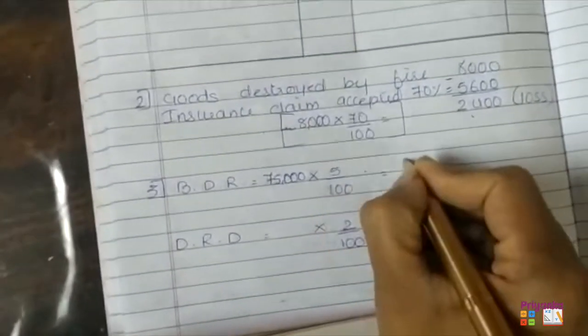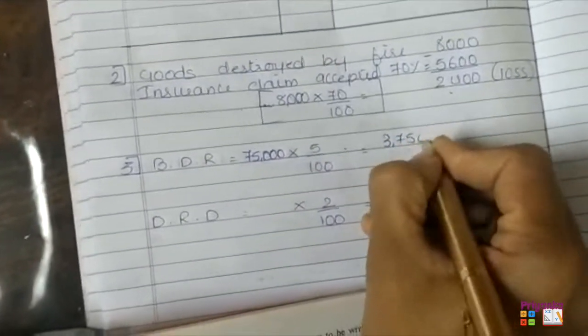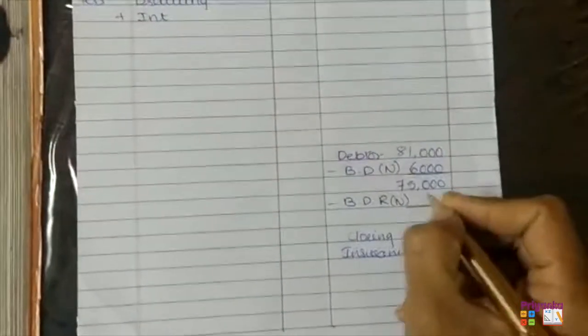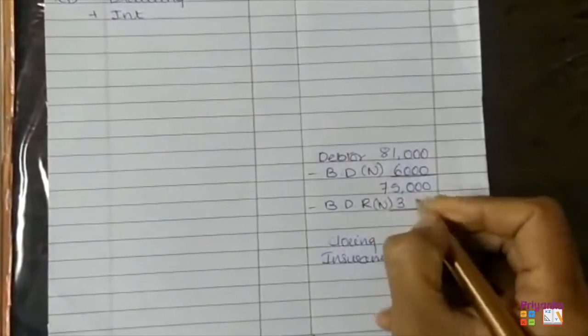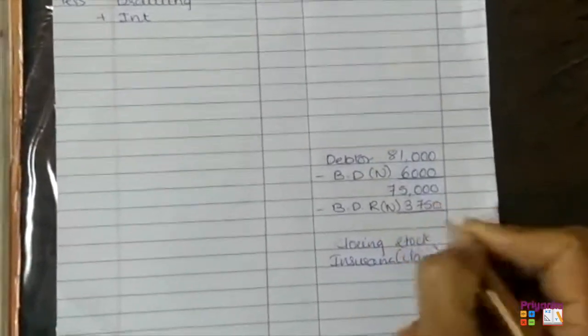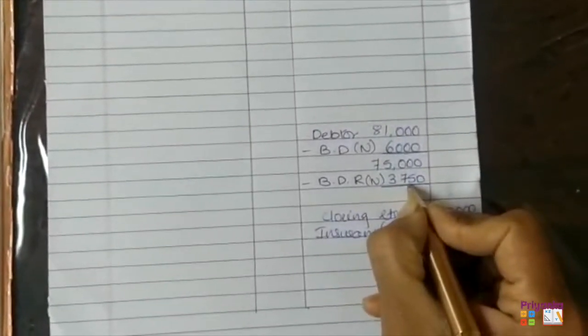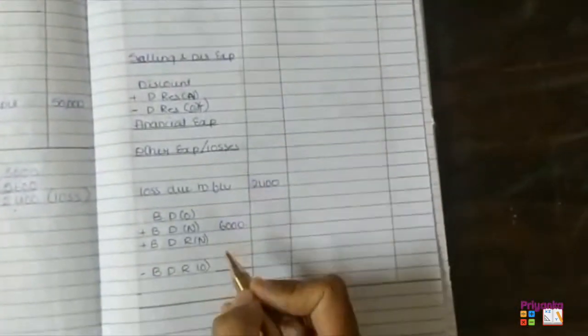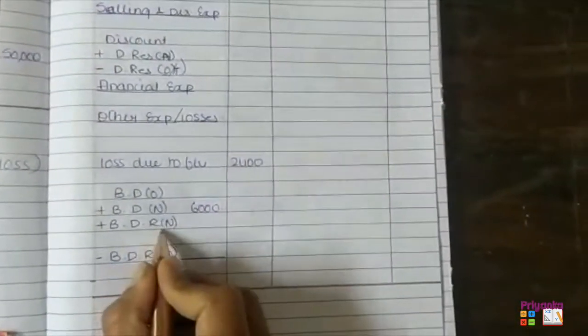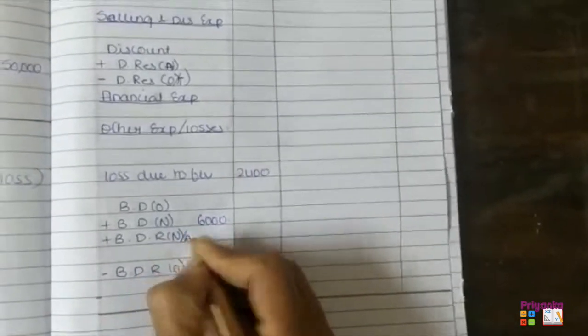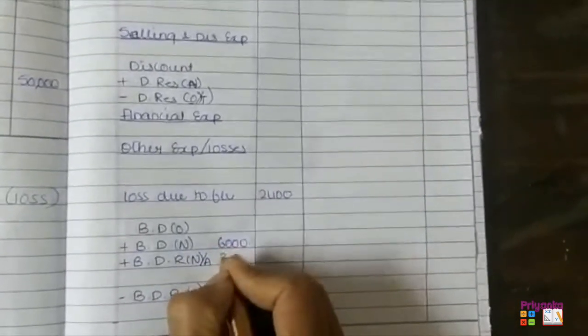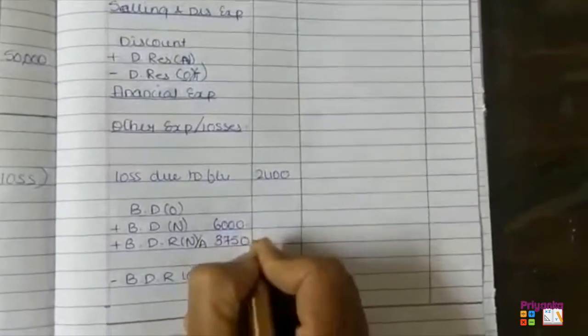Here we find 3,750. Now take this value to the balance sheet asset side and minus 3,750. Before we minus, we have to give the second entry for this on the profit and loss debit side, that is bad debt reserve new, or we can say from the adjustment which we got, that is 3,750.